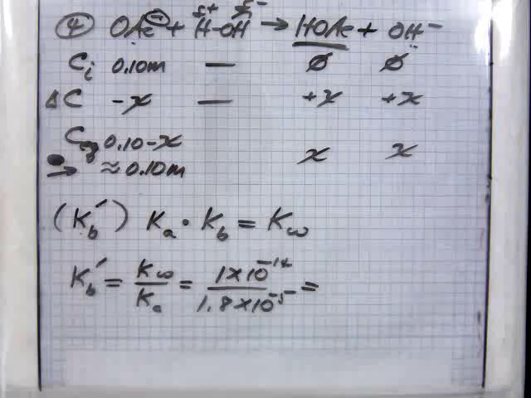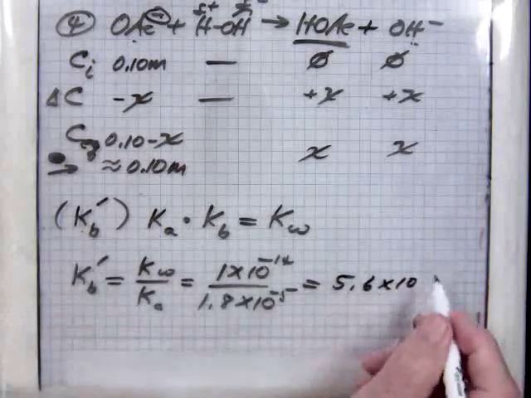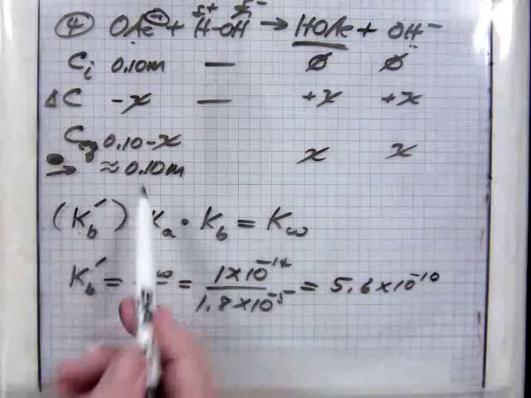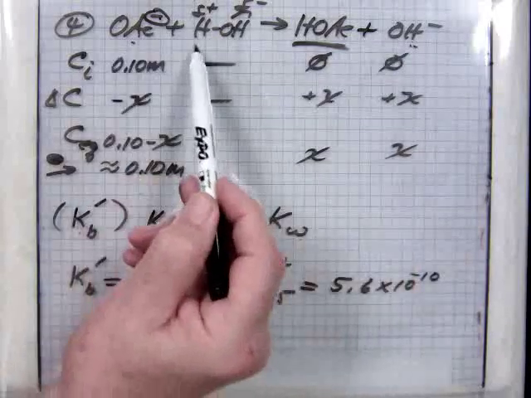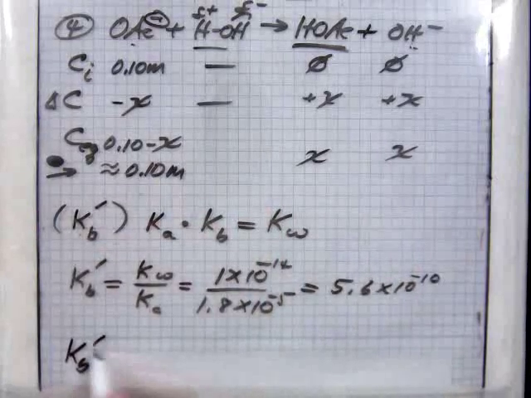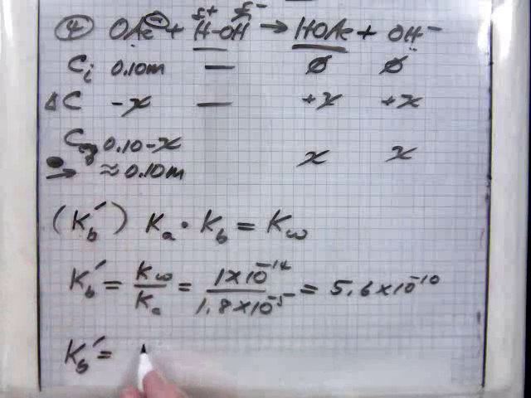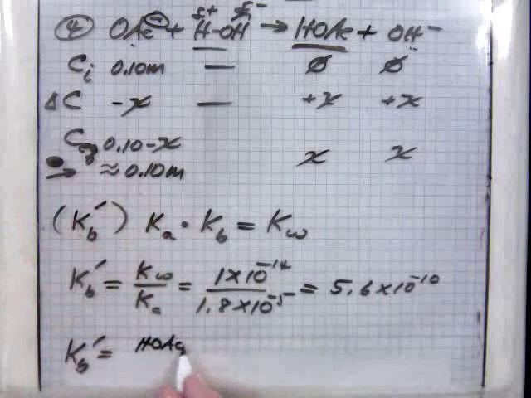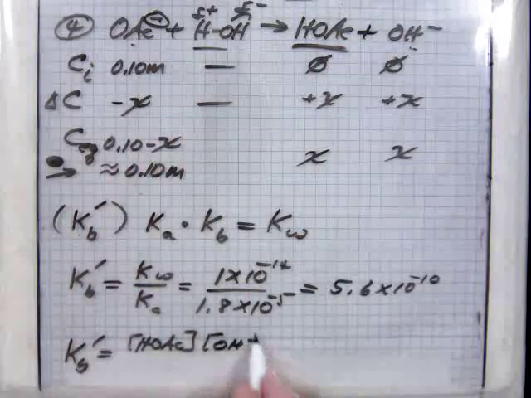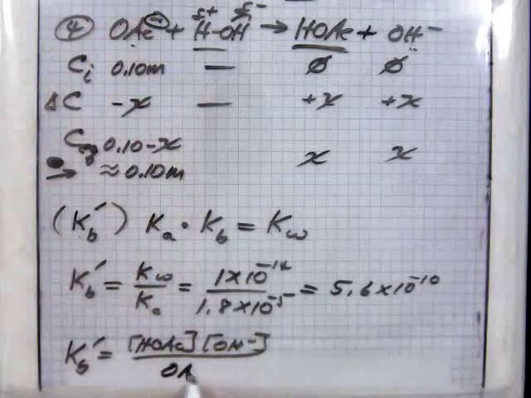I get 5.6 times 10 to the minus 10. So there is your K value. Now, when you put in the products over reactants, don't put in water in this. So the expression that you will be basing the equilibrium row on would be the acetic acid formed in the hydrolysis times the hydroxide ion divided by the salt anion.